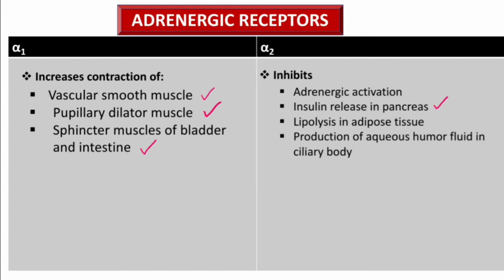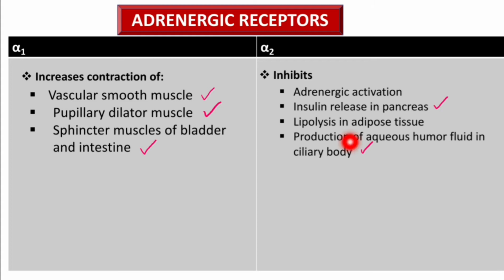Okay, then another thing, there is lipolysis in adipose tissue. You also find alpha 2 receptors there, but remember, if you hear adipose tissue, the most important ones are beta 3. I will tell you about them, right?